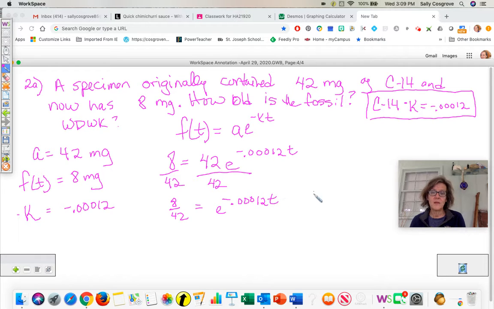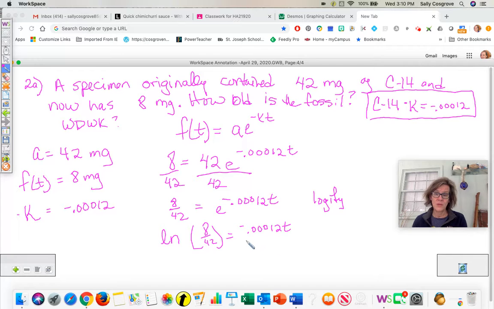We've got to logify. So now we're going to say the natural log of 8 over 42 equals the exponent, which is negative 0.00012 t.